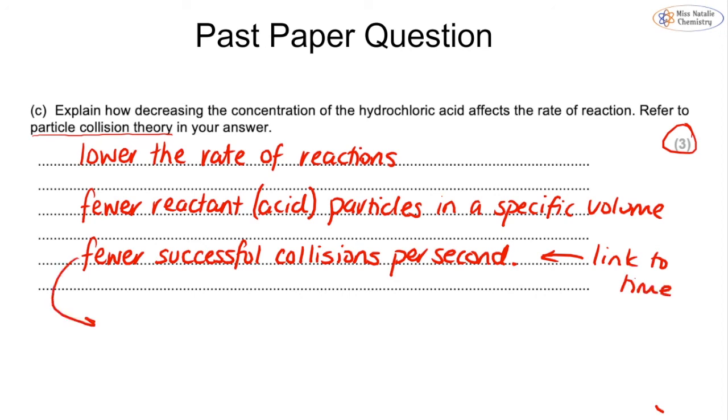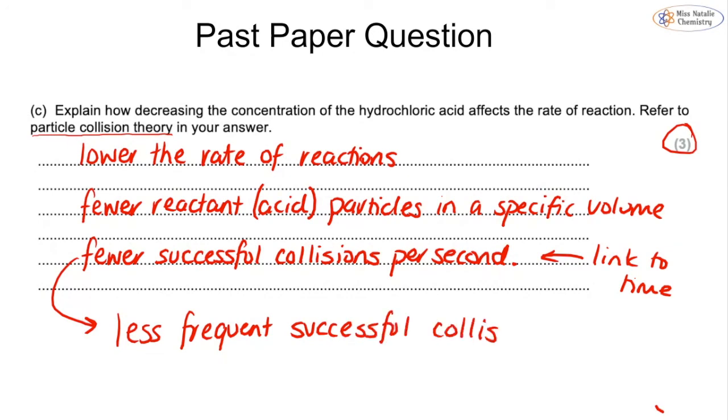Another way that I could phrase this, however, is I could say I have less frequent successful collisions. When you are answering a rate of reaction question, you should always use this phrase somewhere in your answer. You always want to be discussing less frequent successful collisions.